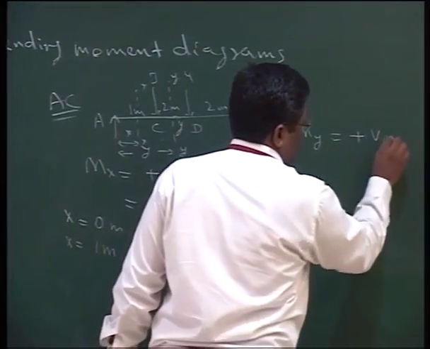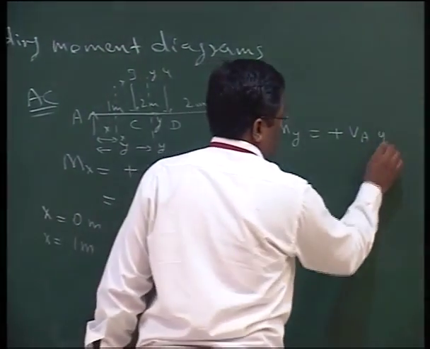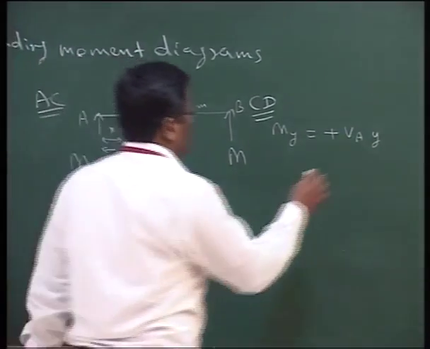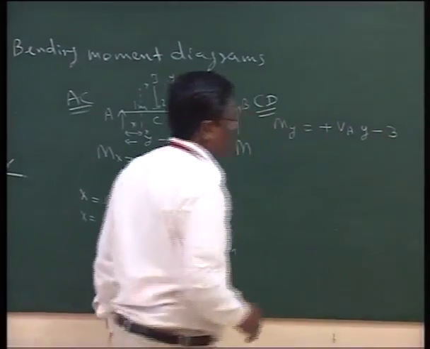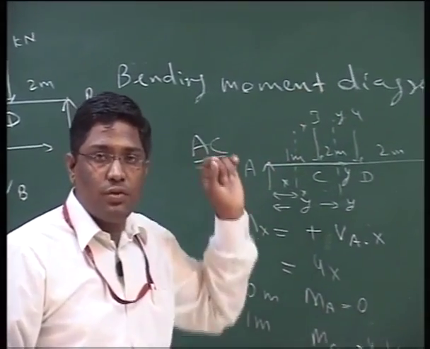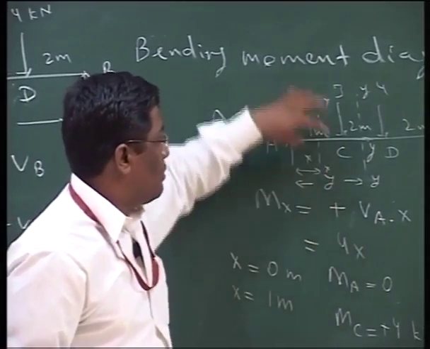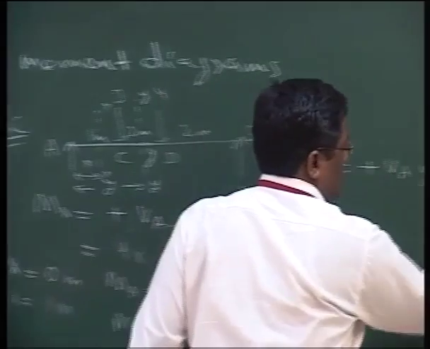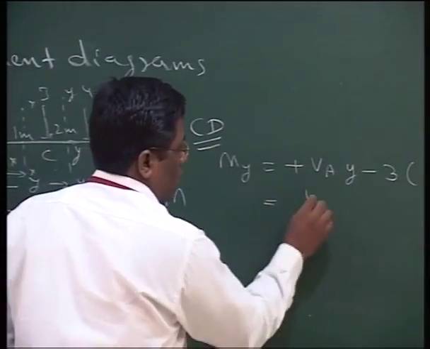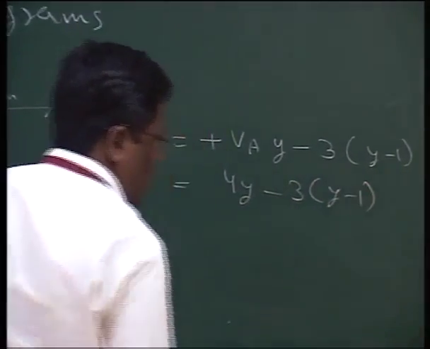VA is causing positive bending moment and 3 is causing negative moment. VA is at y distance from the section, and the important thing here is we need the distance of the 3 kilonewton force from y, which is y minus 1 meter. If we put the values here, it is 4y minus 3(y minus 1).